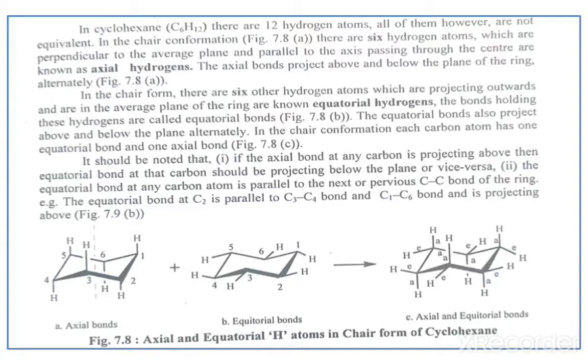That means if you see figure 7.8, in the chair conformation here, A has the 6 hydrogen atoms which are perpendicular to the average plane and parallel to the axis passing through the center, known as the axial hydrogens.